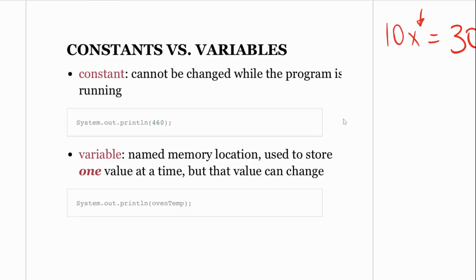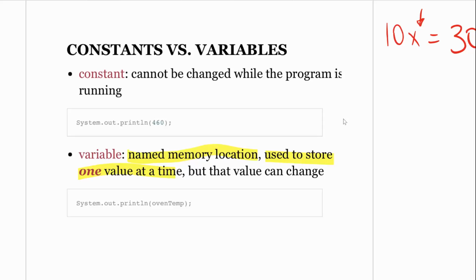So right here, it says a variable is a named memory location. So you give a variable a name and it has a certain location somewhere in your computer's memory. And the purpose is that it's used to store one value at a time. So in the same way that x stores the value of 3, a certain variable that you name could hold a value that you assign it.